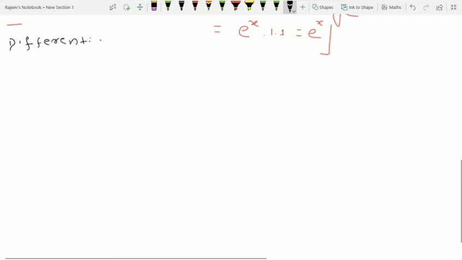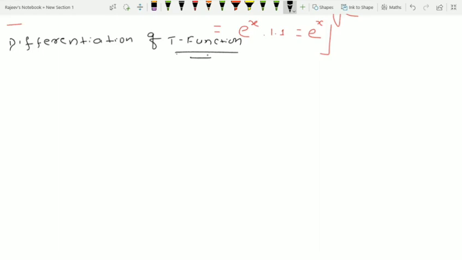Differentiation of T functions. T functions means trigonometric functions. It means differentiation of sine theta, differentiation of cos theta, differentiation of tan theta, like this. So, formula number one.